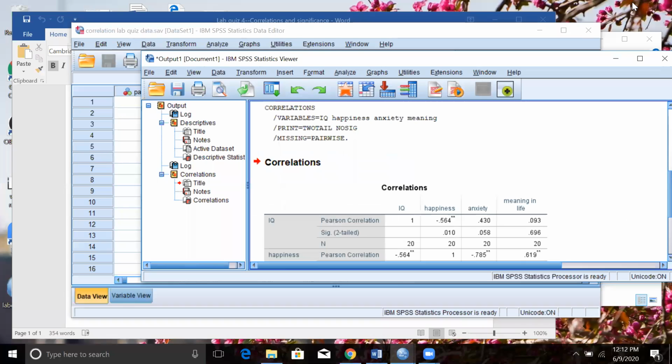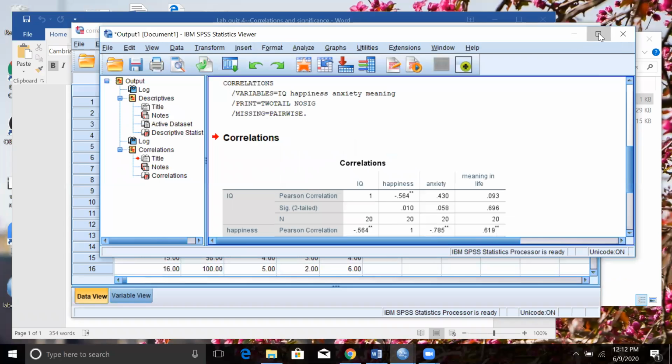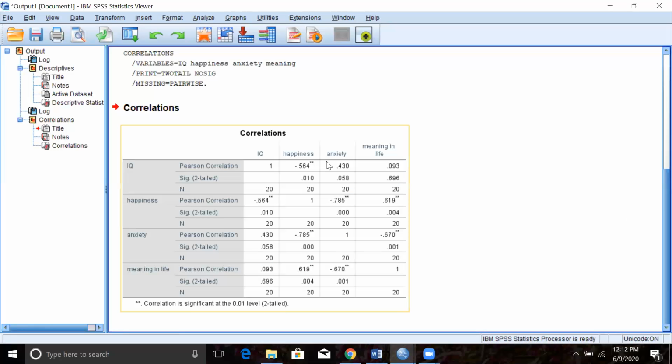Again, any questions at this point? Dr. Roylance? Yeah. About the significant level, can I use 0.01 since it is the label? What it says, correlation significant at level like 0.01? Yeah, so the reason it says that is because all of the correlations in here made it past this 0.01 level, right?